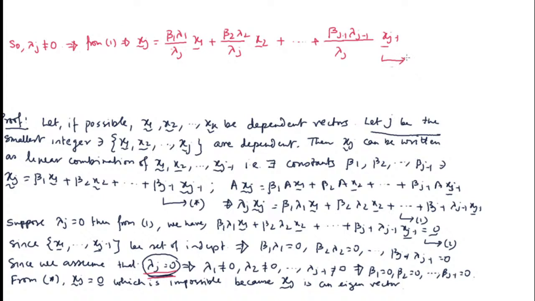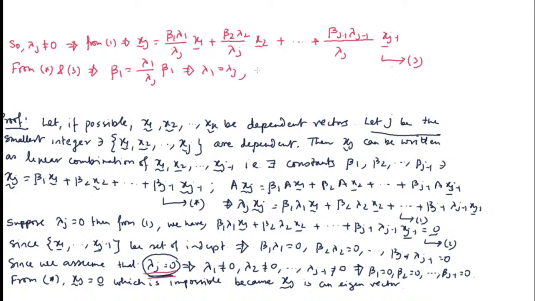Denote this by 3. Again from star and 3, if we compare the coefficients, then we see that beta 1 equals lambda 1 by lambda j, beta 1. This means lambda 1 equals lambda j.